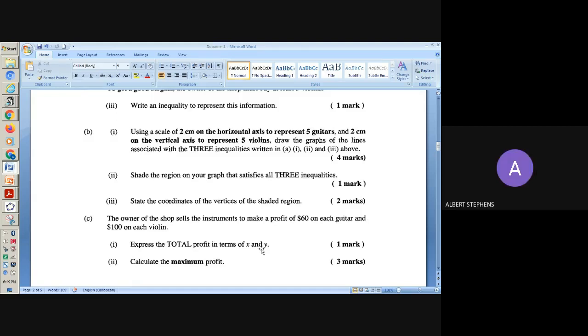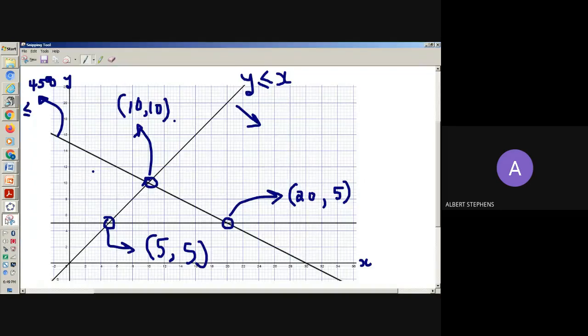Very good. So the answer is 60x plus 100y. Everybody see that? That's the first part of that question.